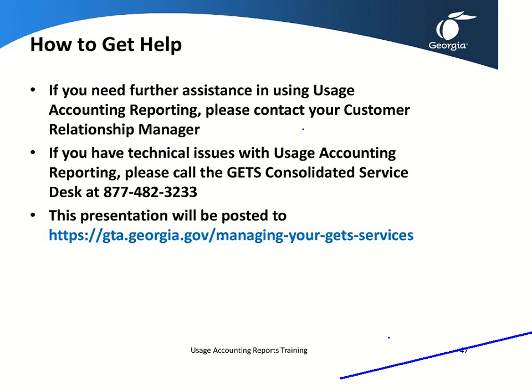And you'll want to tell them that you have an issue with usage accounting reports, and they will map it to the correct queue. And if they don't, and you don't end up getting help, that's where you can get your CRM engaged, and we'll try to get that resolved if you don't get your issue resolved through the service desk.